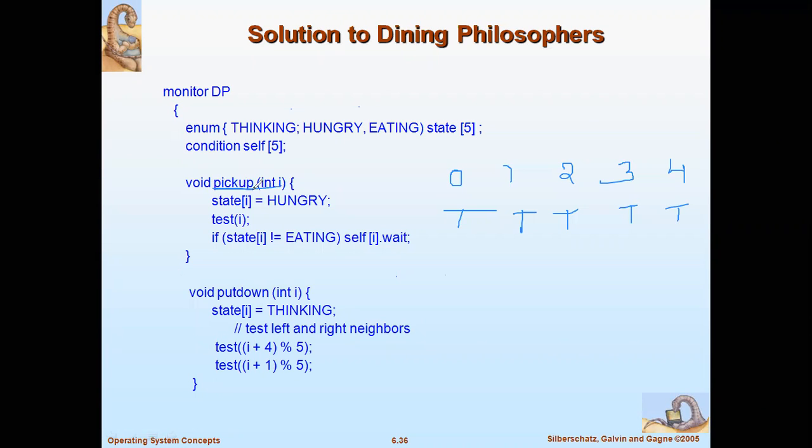This pickup is to pick up the chopsticks, and we are talking with respect to one of the philosophers. Let's consider i equal to 2, the third philosopher, because we start from 0. If he wants to eat, that means he is hungry, so we change T to H. Then we test whether he can actually eat by going to the test condition.